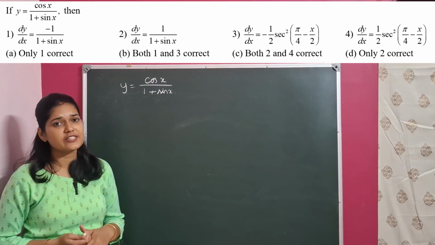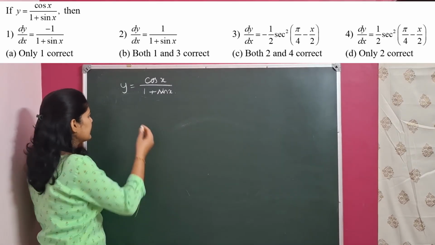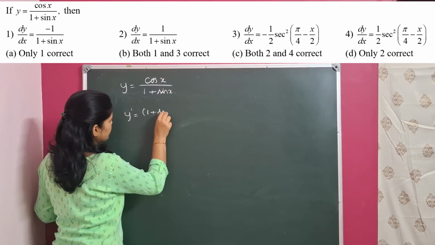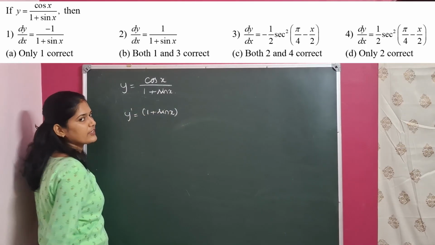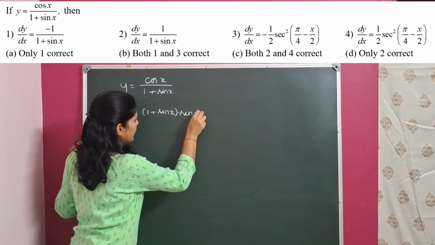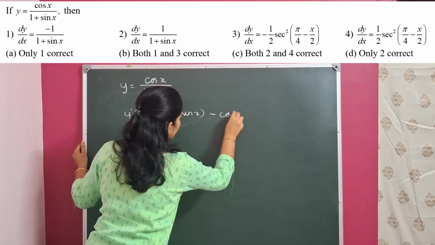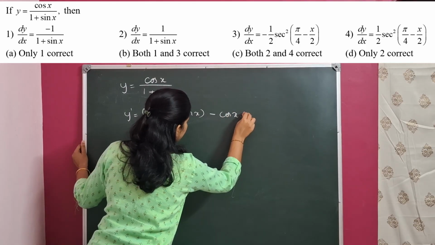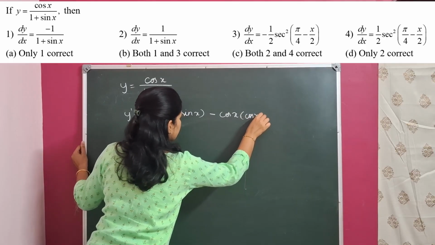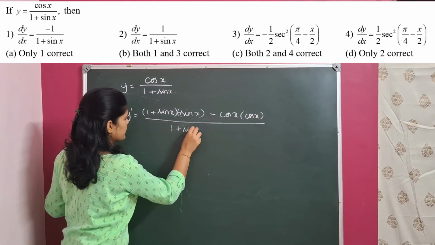If we differentiate this function directly, that is by using the quotient rule, then y dash will be 1 plus sin x into differentiation of the numerator, that is minus sin x, minus cos x into differentiation of 1 plus sin x, which is cos x, whole divided by 1 plus sin x.